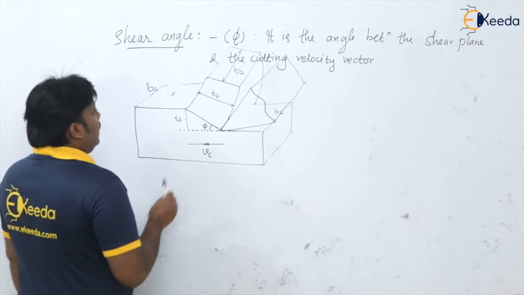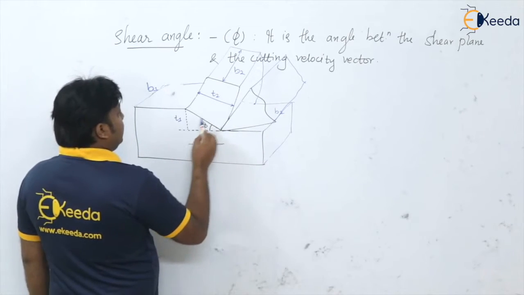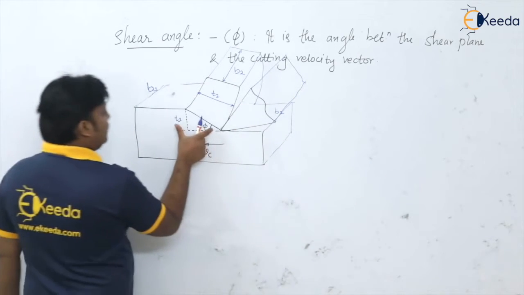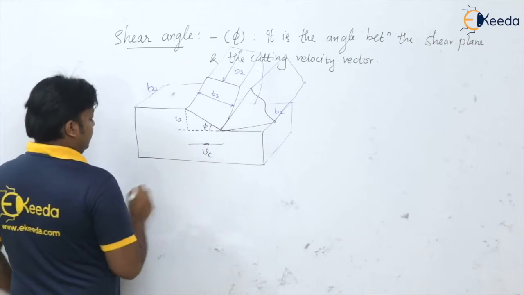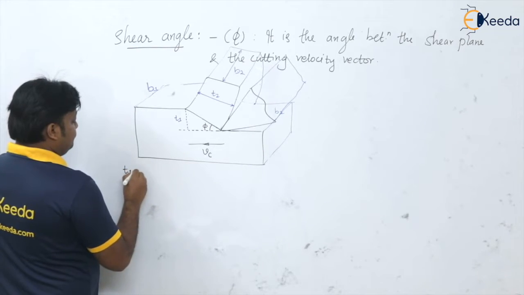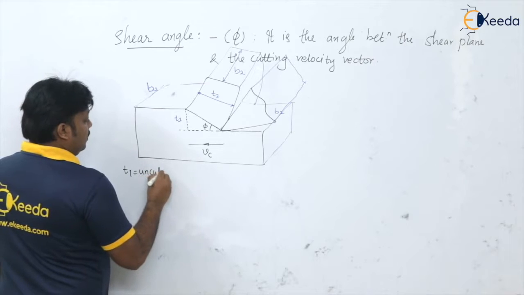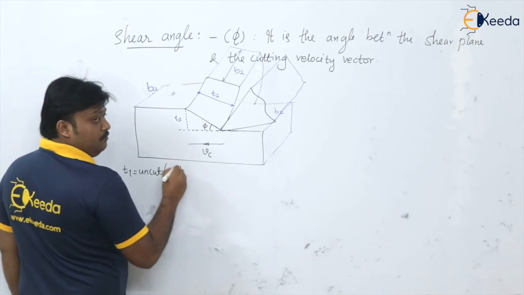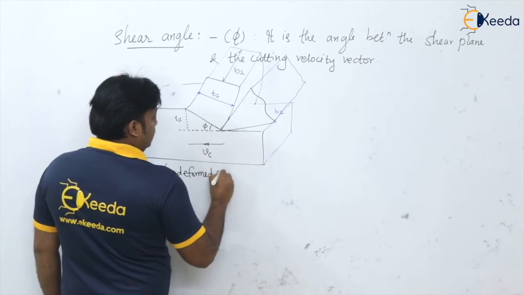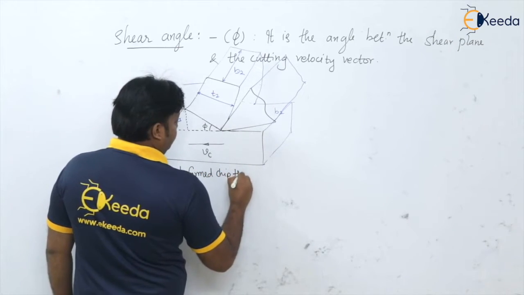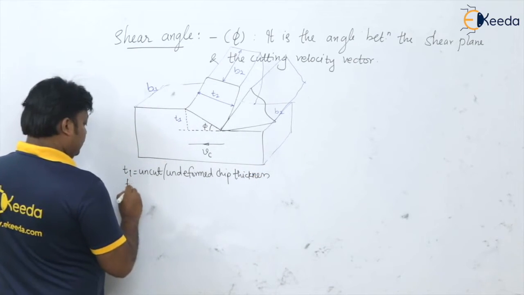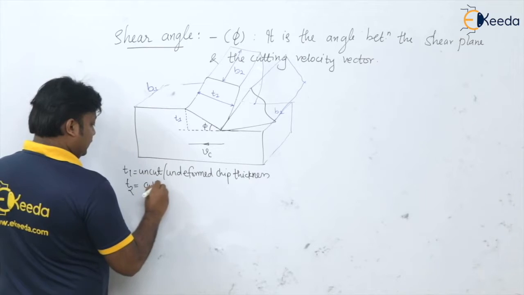Now say the length of the cut chip is L2 and the length of the uncut or undeformed chip is L1. T1 is the uncut or undeformed chip thickness, T2 is the cut chip thickness.